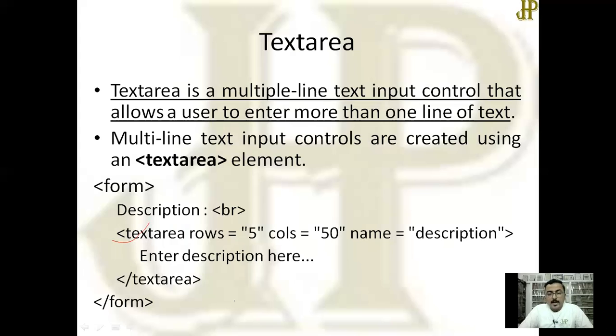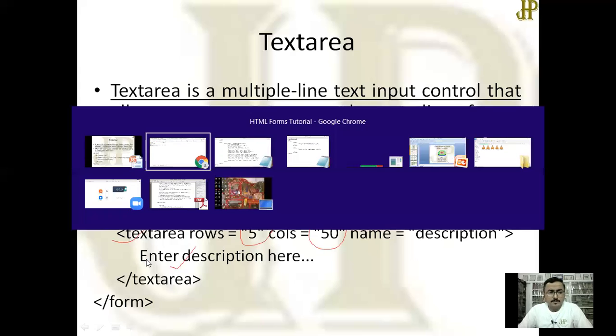So here I have given 5 rows, and by default the value is 50 I have given. Okay. And whatever you want to give as the idea, what you want in the text area, then you can write here. Clear? This is also a very simple one.